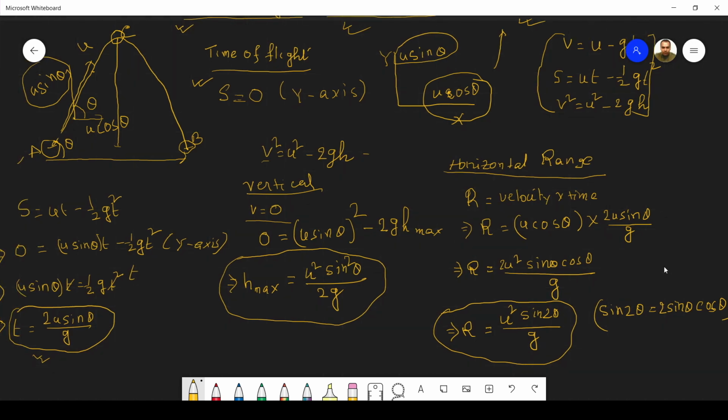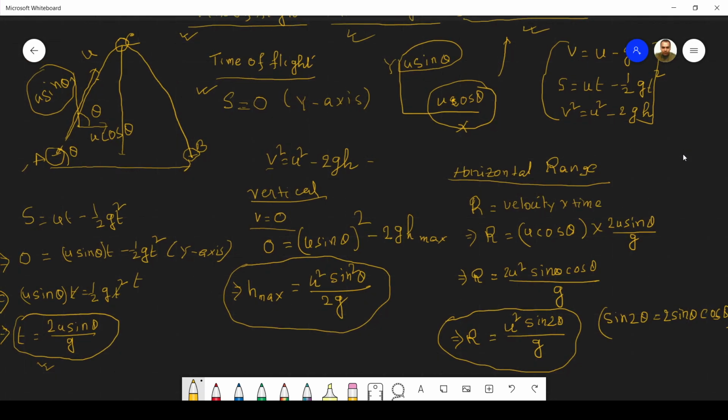So again, in order to calculate the horizontal range, as the name suggests, you have to consider the horizontal velocity, which is u cos theta, multiplied by the time. Time means the time of flight, for how long the object has been in motion, which was already calculated earlier as twice u sin theta over g. Simplifying, we get u square sine twice theta over g.